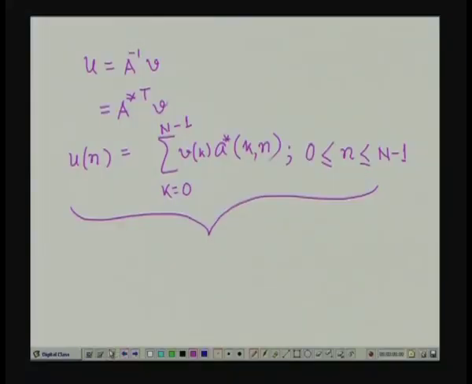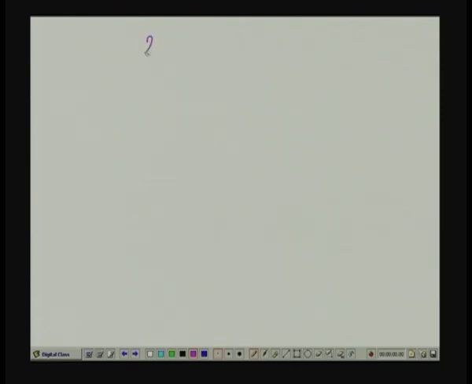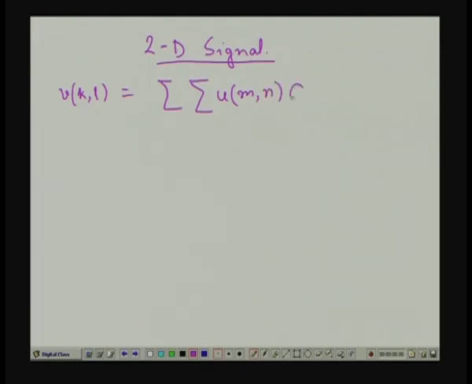So, for the case of two dimensional signals, the same transformation equations will be of the form V k l is equal to double summation u m n into A k l m n, where both m and n vary from 0 to capital N minus 1.